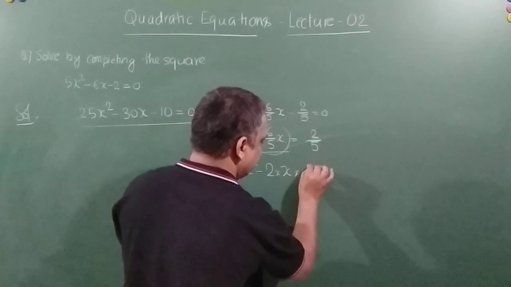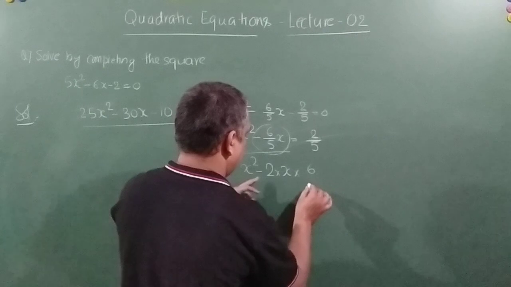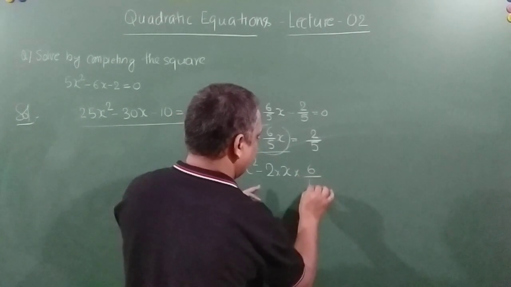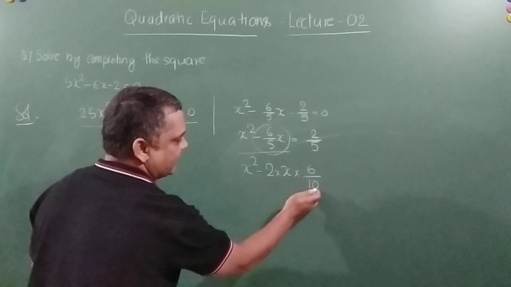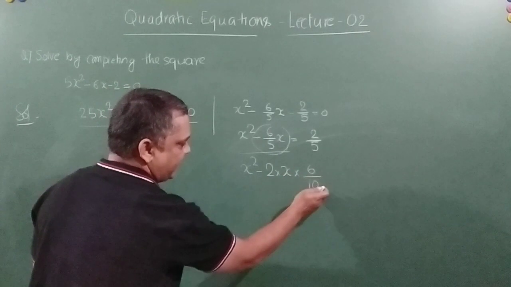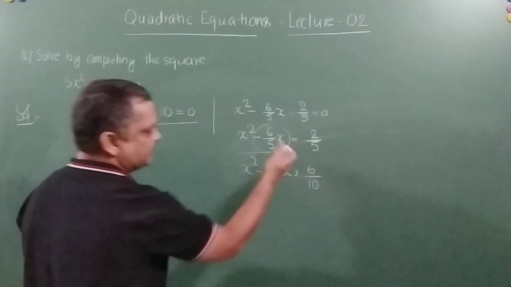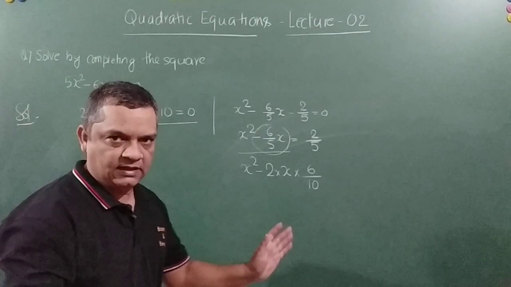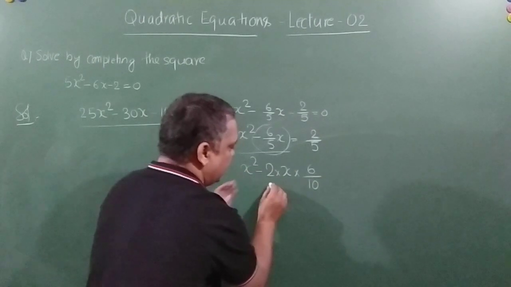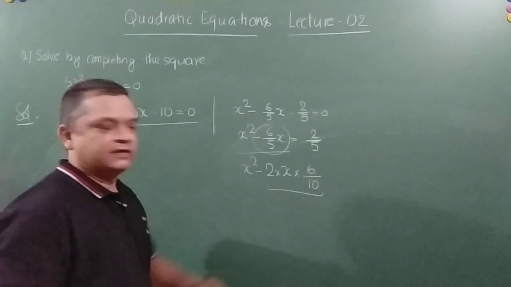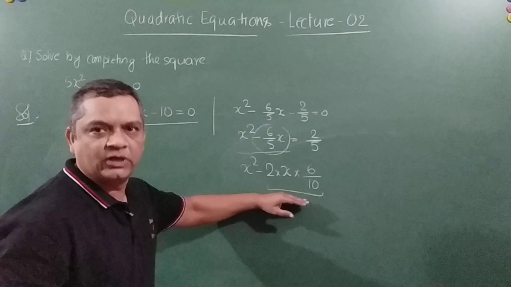I just write 6, right? And then divide by 10. You are all there with me? What happens? 2 and 10 get cancelled. You get 6x by 5. I have not made any changes. I have just manipulated this term in this way. This is important. You need to manipulate it, right?